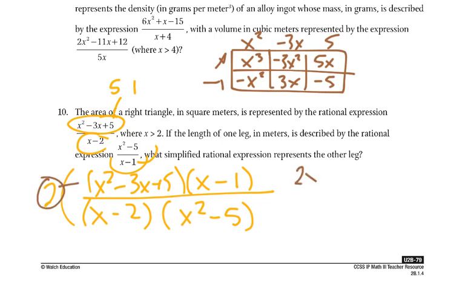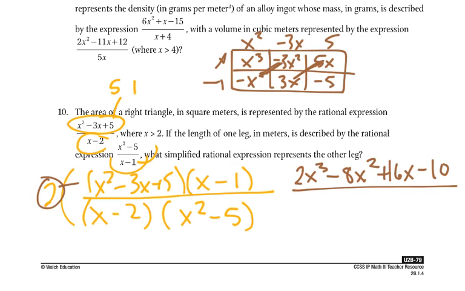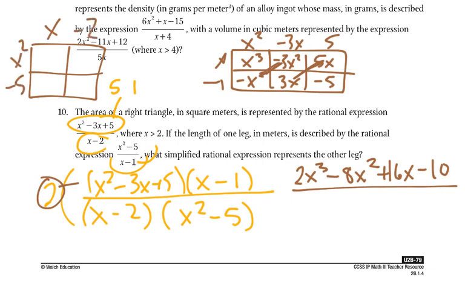So we would have 2x cubed, negative 8x squared, 16x and negative 10. Over, we do the area model for that last one, so x and negative 2, x squared and negative 5. So we get x cubed, negative 2x squared, negative 5x, and positive 10. So x cubed minus 2x squared minus 5x plus 10.